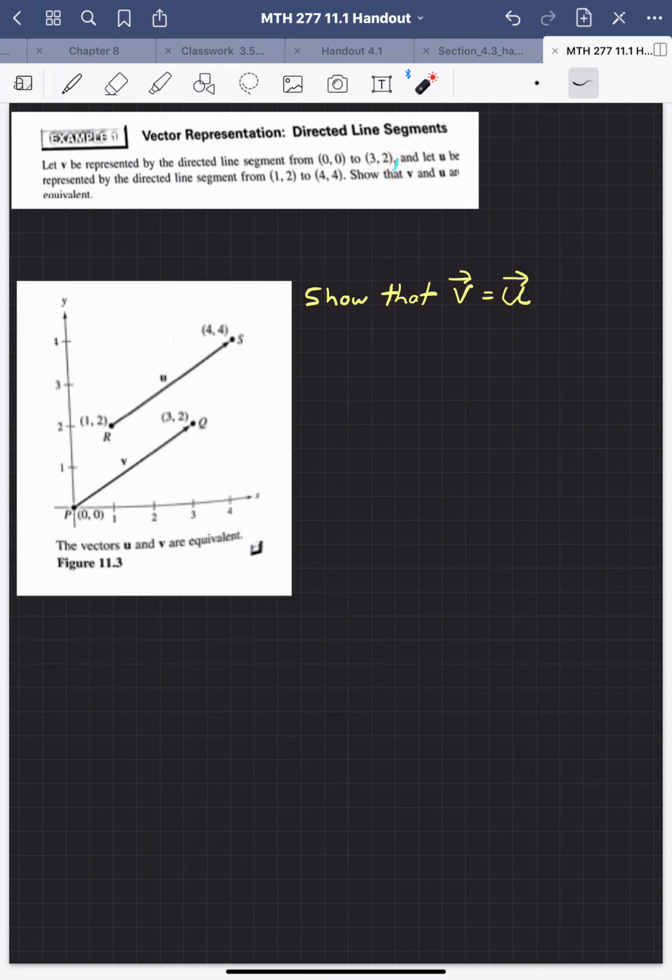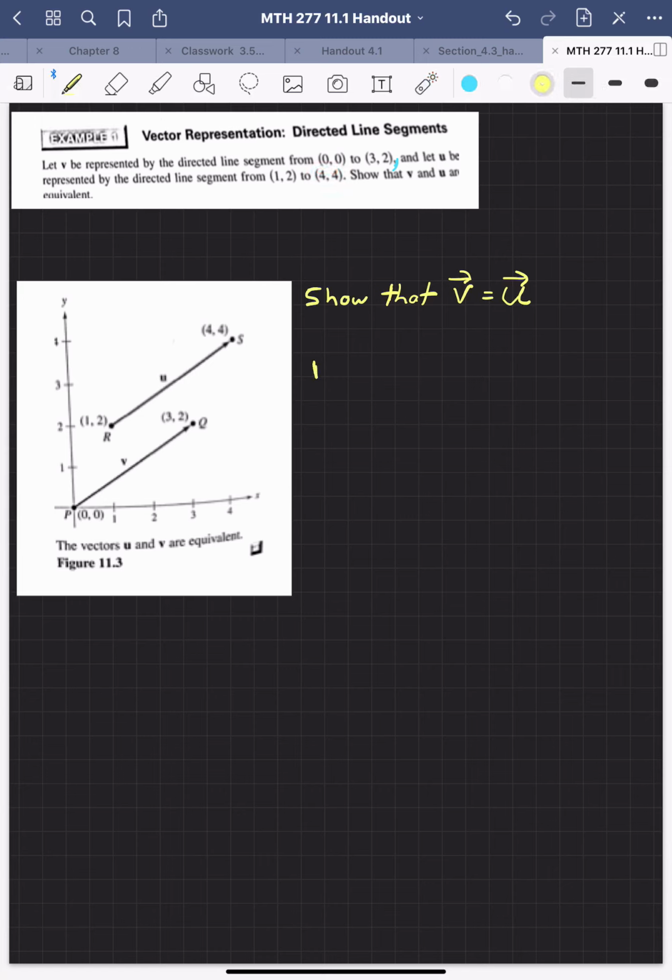In my opinion, this is just my opinion, there's no point reading math questions like you would read a novel. Read until you get to some type of break, some type of comma or period, and pause, and don't move any farther until you fully understand what comes prior to that comma. So again, we're basically saying let V be represented, and I'm going to see if I can capture this information.